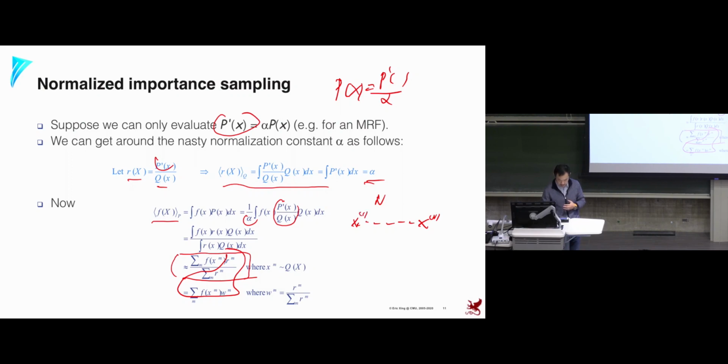And then you also have r_1 all the way to r_n. And then you compute alpha with the sum of r_i. And then you compute the weight, which is r_i divided by that. And then you have these weighted samples, and then you do the summation. So that's the procedure. It's a batch algorithm rather than an online algorithm.